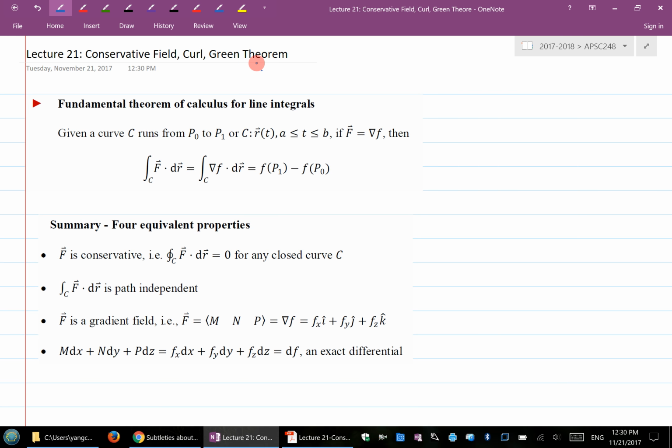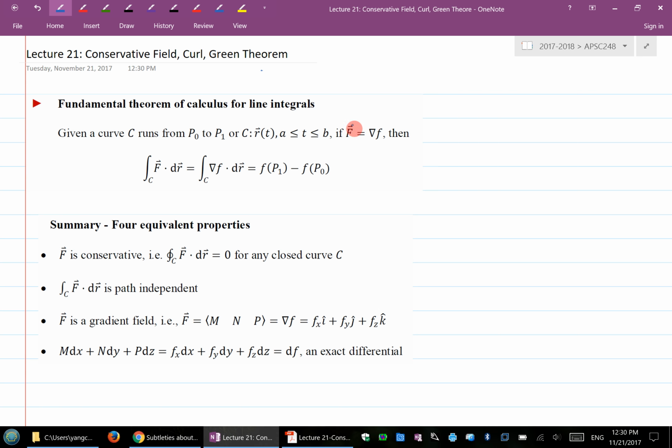So let's do a quick review here, and then we'll get on to some interesting topics, which are curl and Green's theorem. This is what we did in our previous lecture. We talked about conservative fields. A conservative field essentially means a field where you take the gradient of a scalar function and get a vector field.